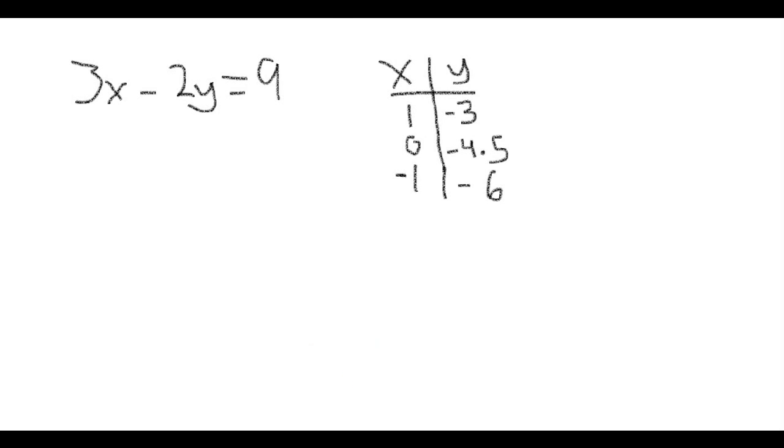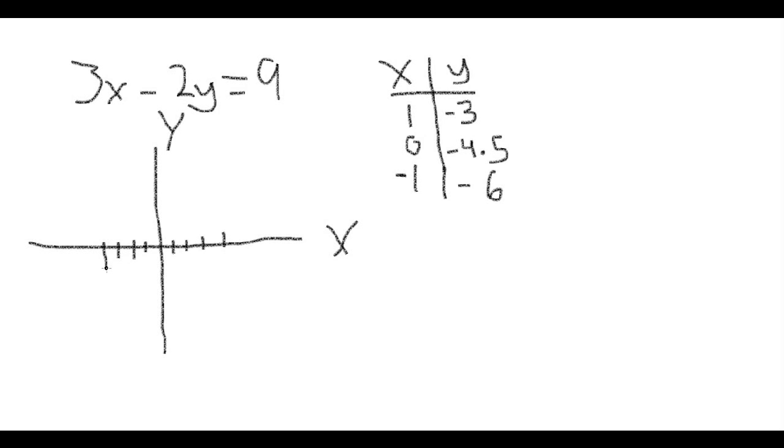Now, if we were to graph the equation, what will we have? So let me try to draw this. This is our x-axis and our y-axis. 0 will be in the center.